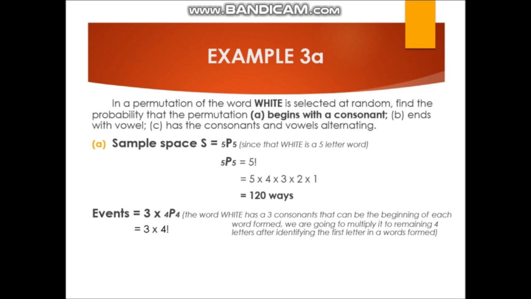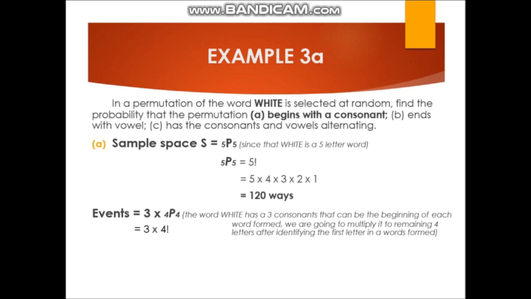Kasi once na makapili tayo ng isang letter doon sa tatlong consonant, yun na po yung gagawan natin ngayon ng permutation. Ibig sabihin, halimbawa, ang naging starting letter natin is W out of W, H, and T. Ibig sabihin, kung ang nauna is W, yung natirang letter na H, I, T, E, yun po yung ating pagpapalit-palitin ng pwesto. Kaya ang ginamit natin is 4P4.